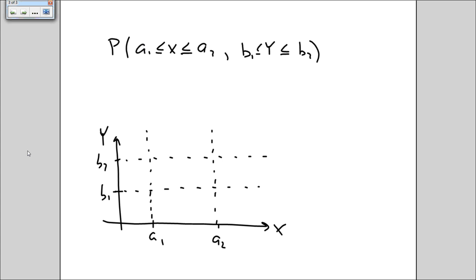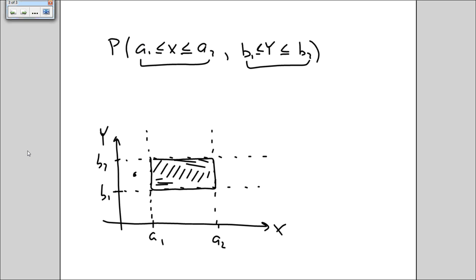We want the probability of being in here. Okay, we want the probability of being in here. Why? Because every point in that rectangle has a property that X is between A1 and A2, and Y is between B1 and B2. Just the way it is. And no other point has that property.